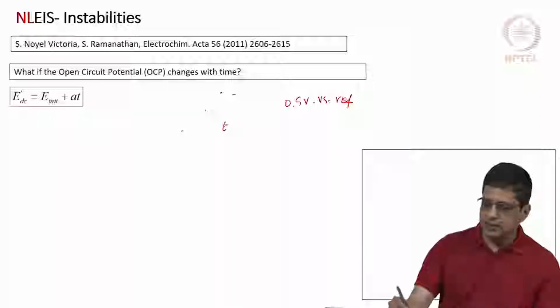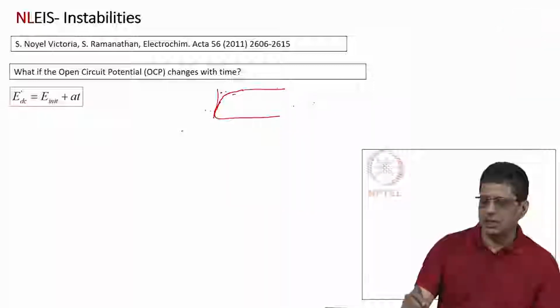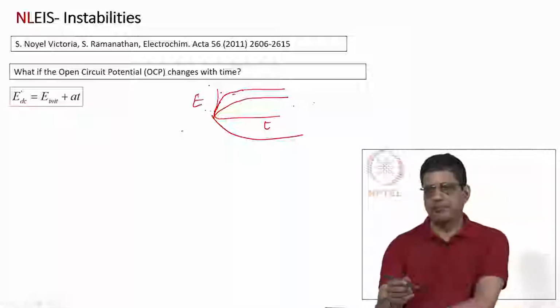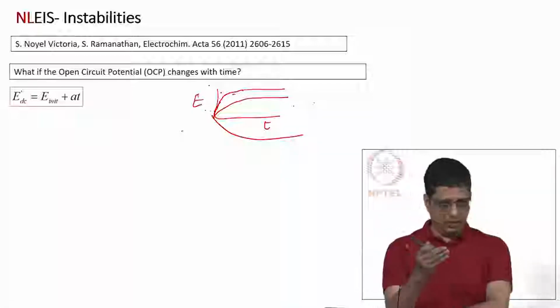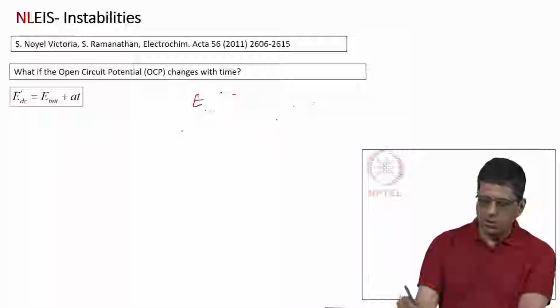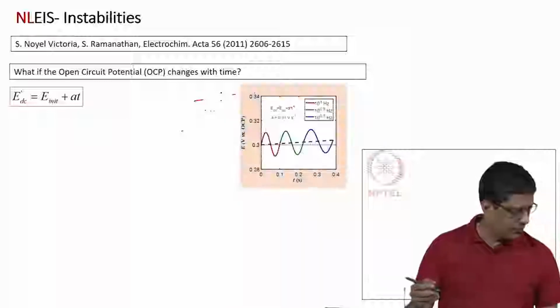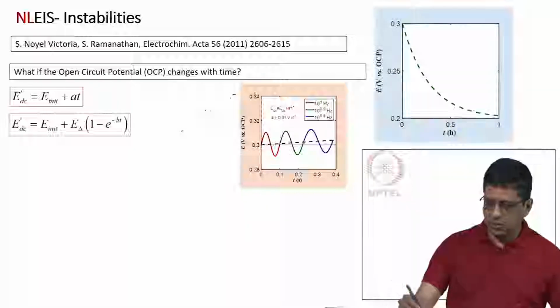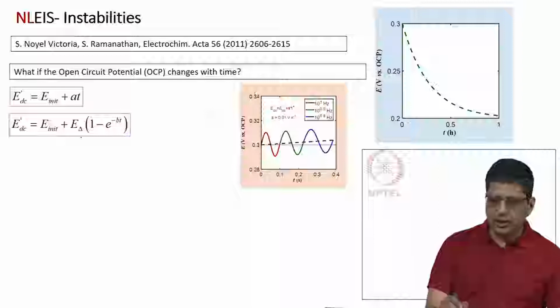Another possibility is this: a lot of times we will see that the potential changes quickly for some time and then it will come and stabilize. It may change like this and come and stabilize, it may change like this and come and stabilize. This would be potential with respect to time. So, initially it changes quickly and then later it changes slowly. This one can model using an exponential decay given by an expression like this.